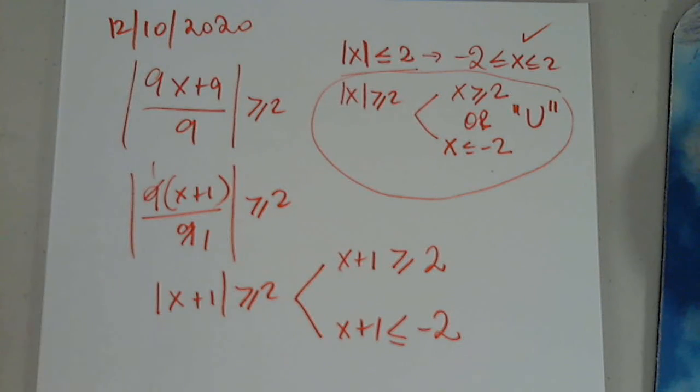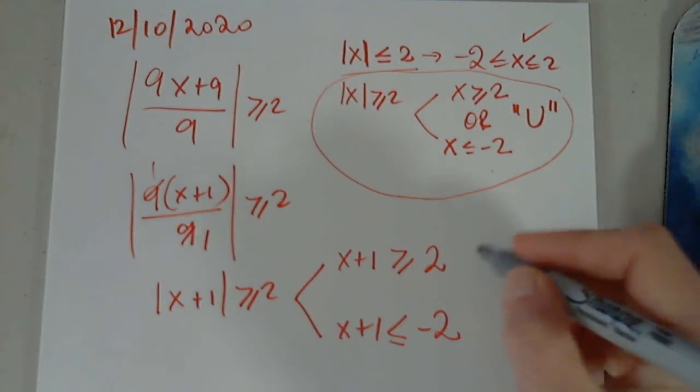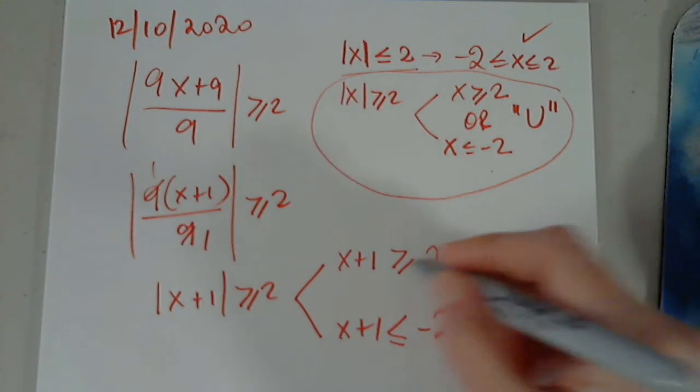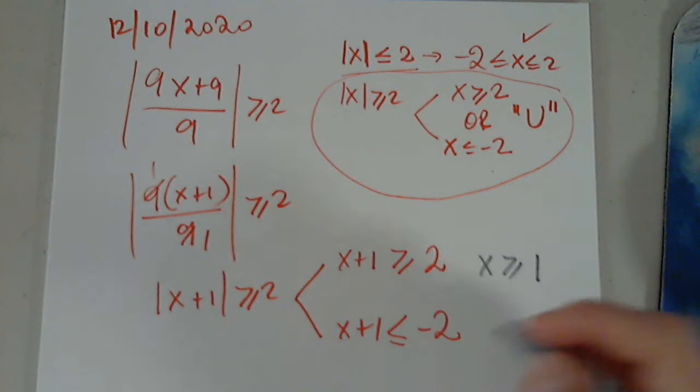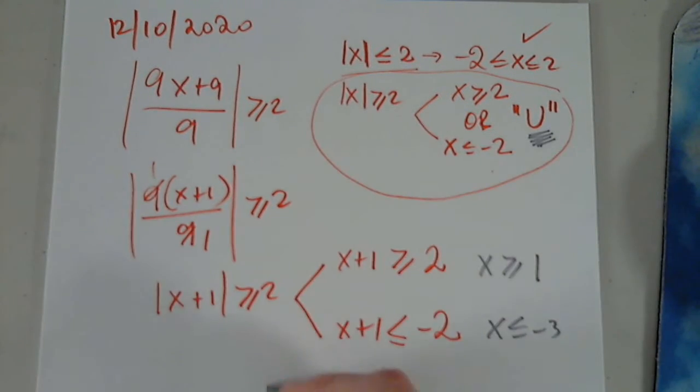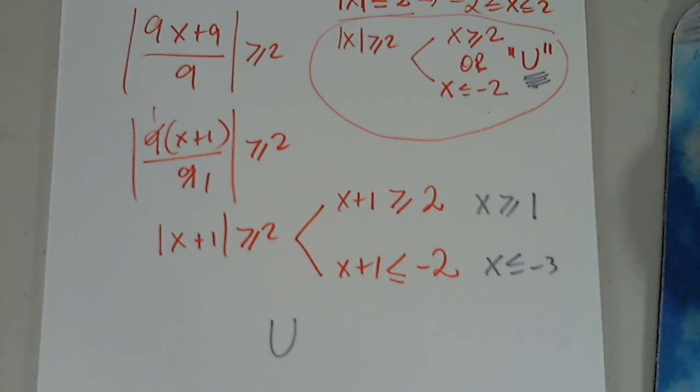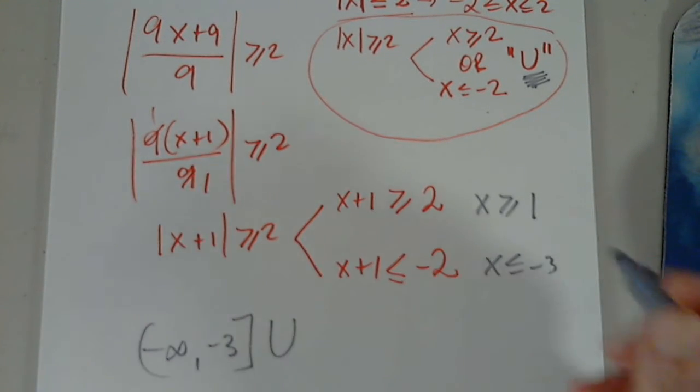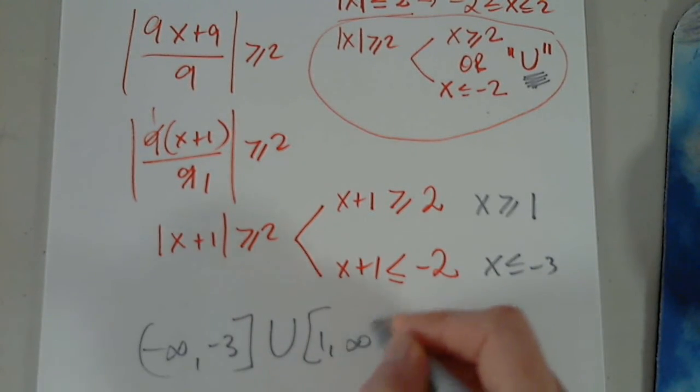And I see x greater when I subtract 1. And here I subtract 1. I know that the solution has to have the union. I prepared the union already. This one is to the left. And this one is to the right.